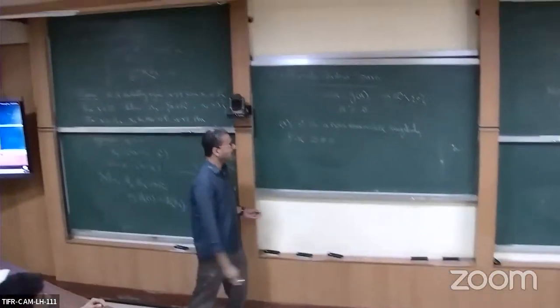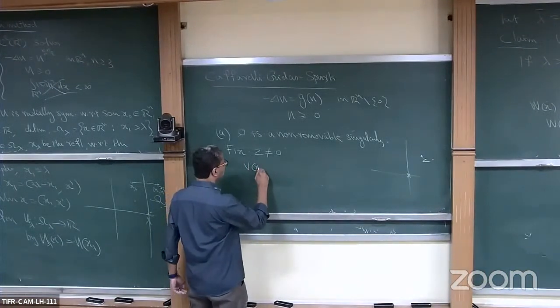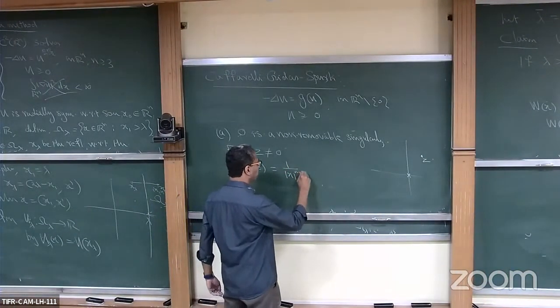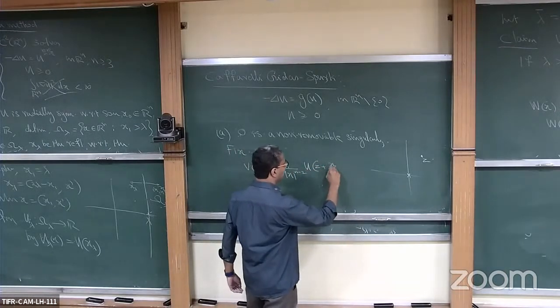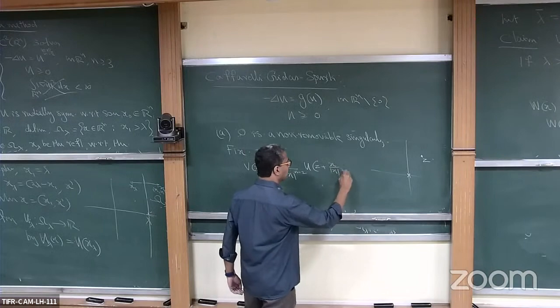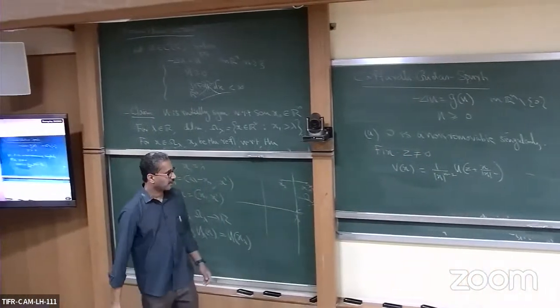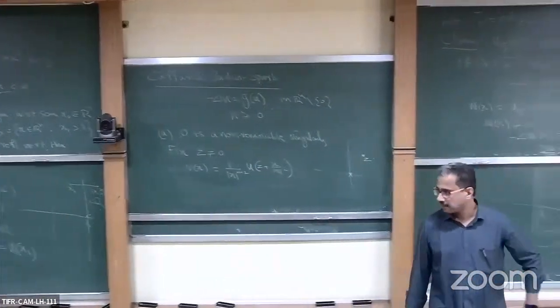Now I'm going to apply a Kelvin transform about that point, and I'm going to write v of x is going to be 1 by mod x to the power n minus 2 times u of z plus x by mod x square. So this is the function which I'm taking.